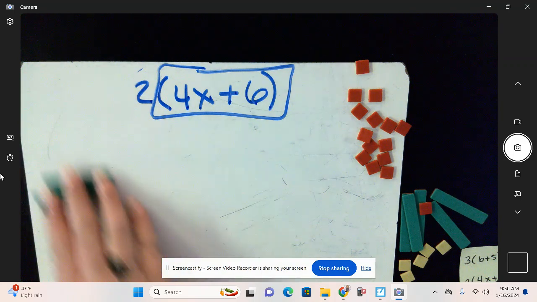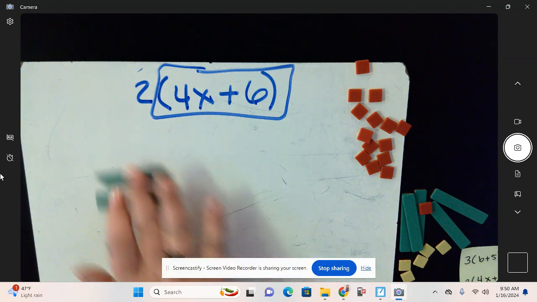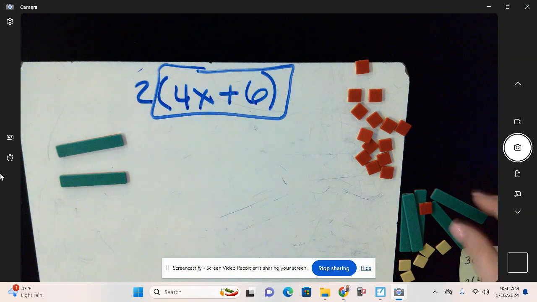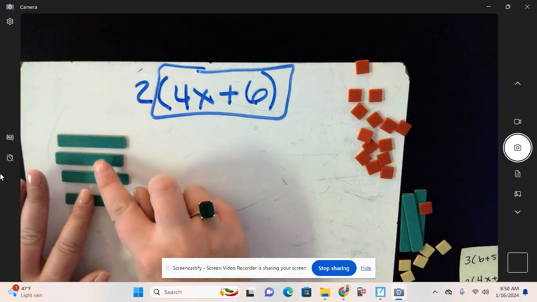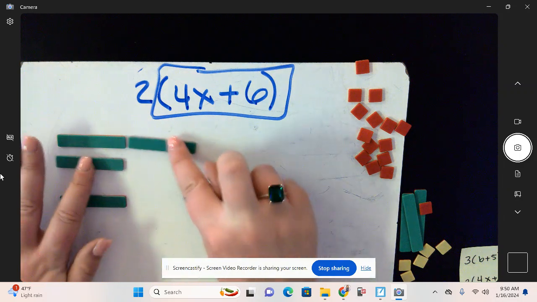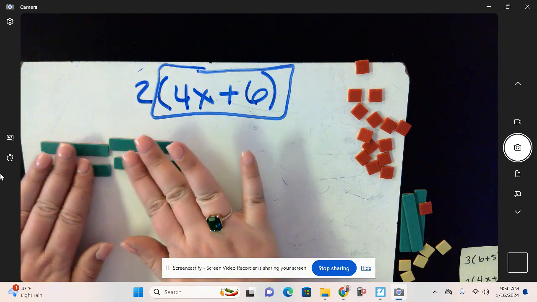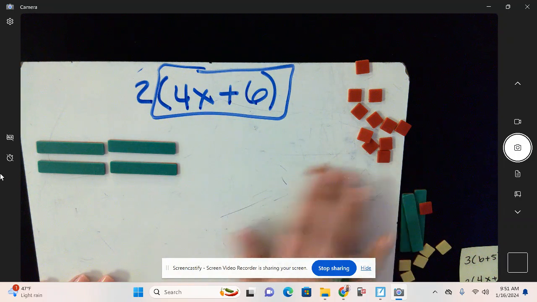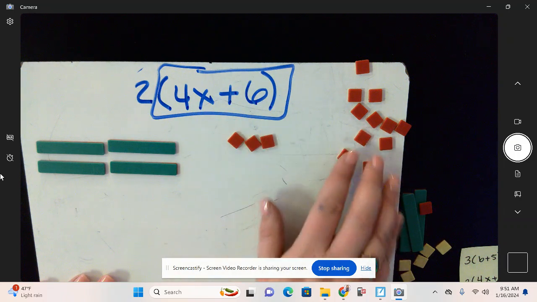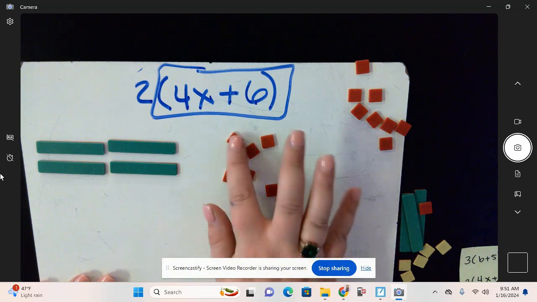So how many x's am I going to start with? So 1, 2, 3, 4. All right, so there's my 4x. And how many ones? 3, 6.